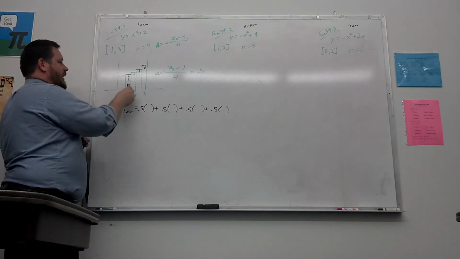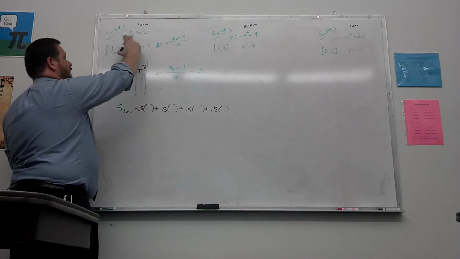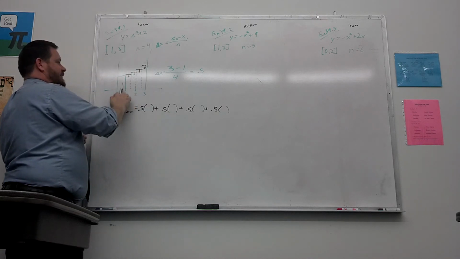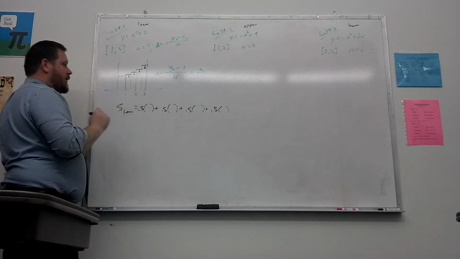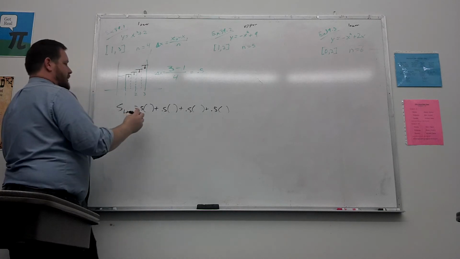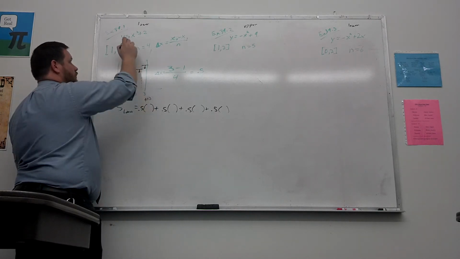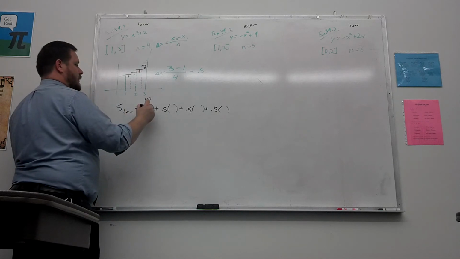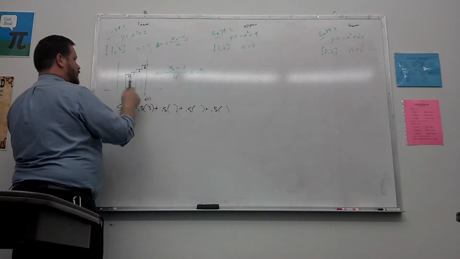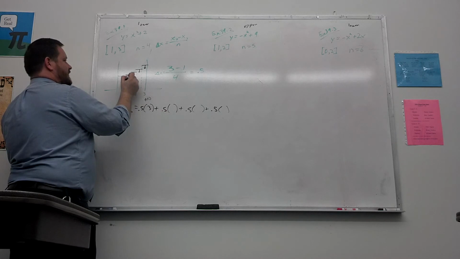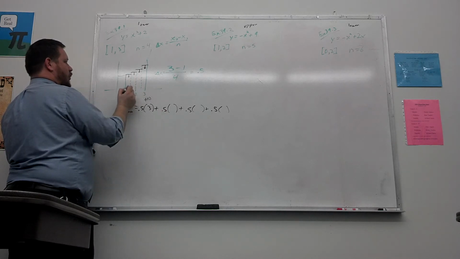The height of this rectangle is our function evaluated at the left end of it, because that's where the lower end is. So what is f of 1? Plug in 1. All right. Now the next rectangle, we're measuring at the left end, so we want f of 1.5.